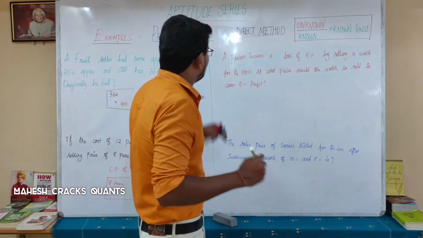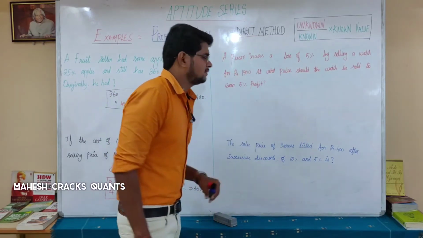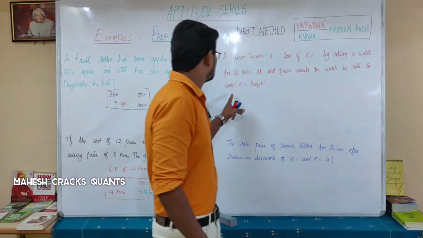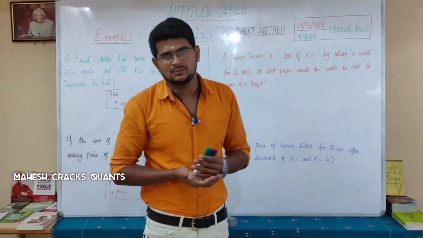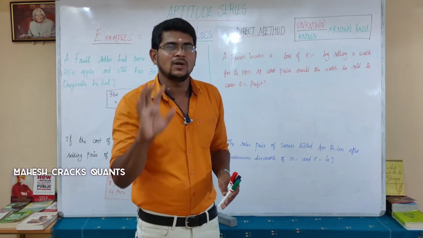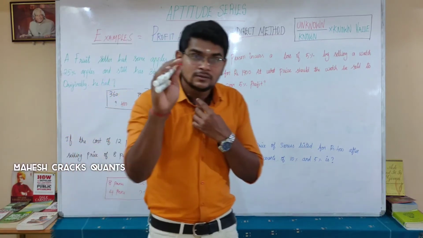A person incurs a loss of 5% by selling a watch for rupees 1900. At what price should the watch be sold to earn 5%? Loss 5% means a 5% decrease. From where will you reduce that 5%? From 100.